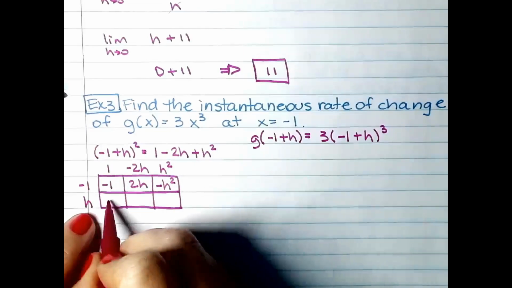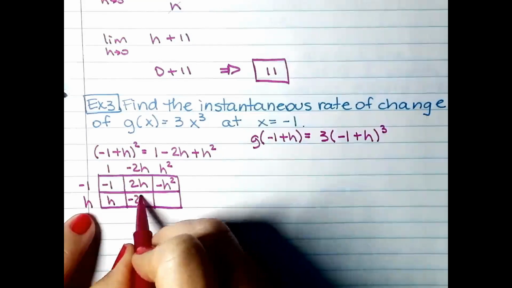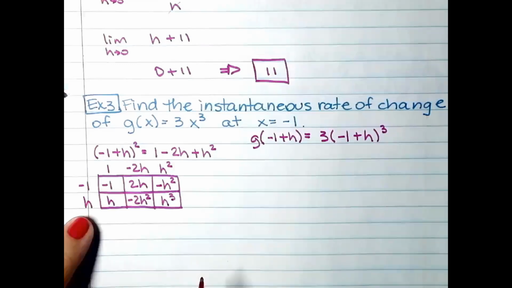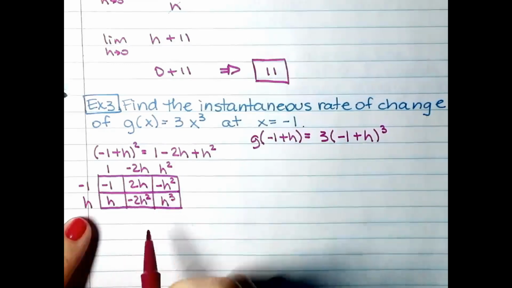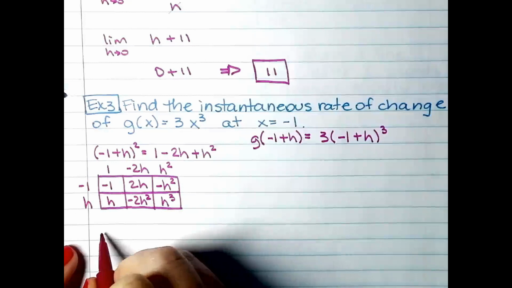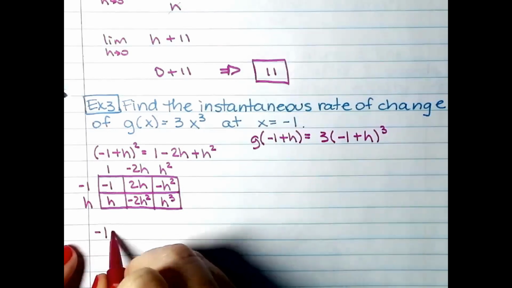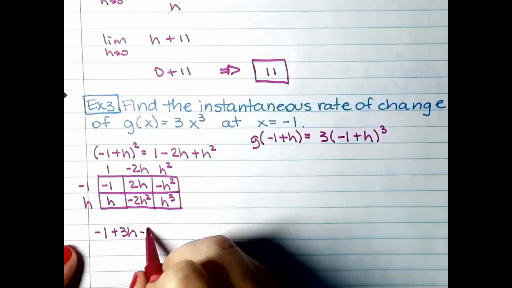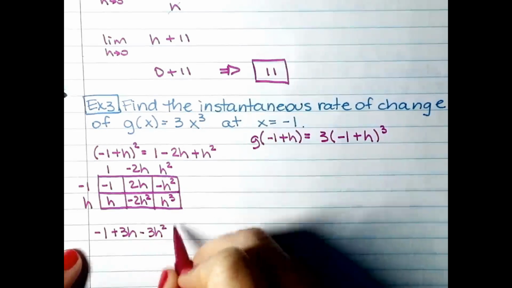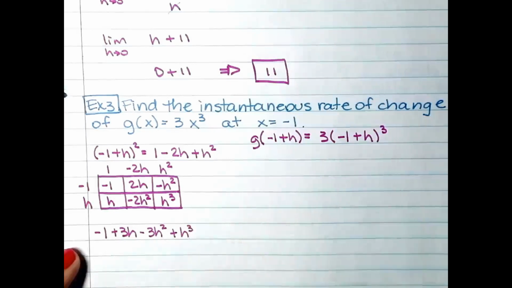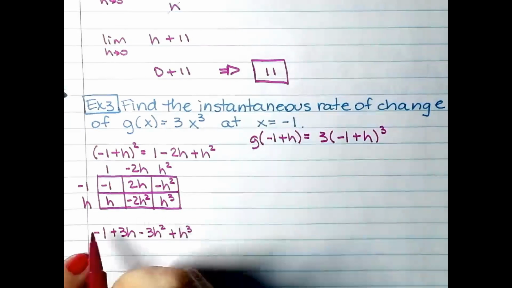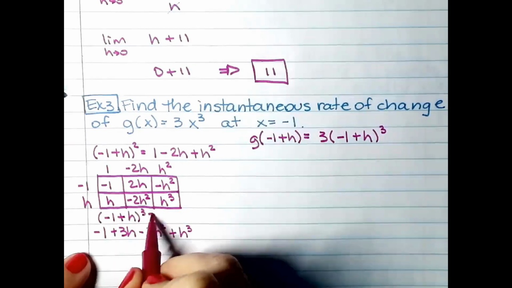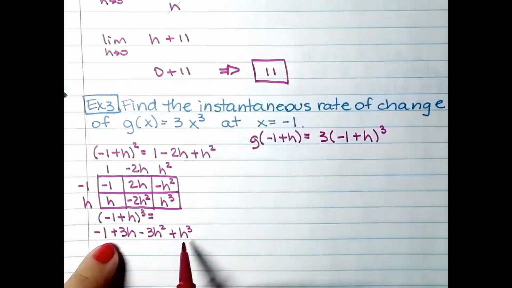Multiply everything by h, negative 2h squared, h cubed. Now you need to combine like terms. Negative 1 plus 3h minus 3h squared and h cubed. So all of this is negative 1 plus h cubed. That is just to get this part.